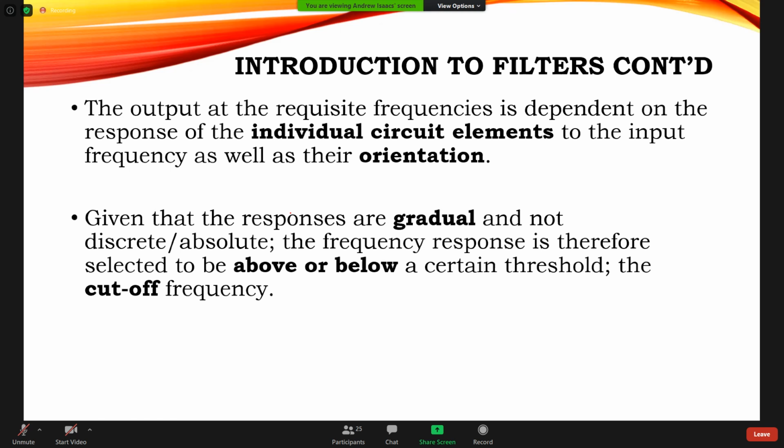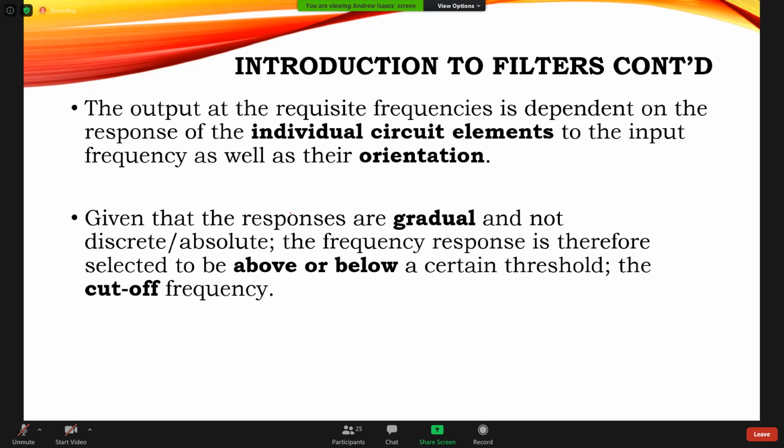Since we're dealing with gradual responses, we refer to a frequency above or below a particular threshold. This particular point is our cutoff frequency. We have been talking about the cutoff frequency since the start of the class, but we want to delve into it a little more here.